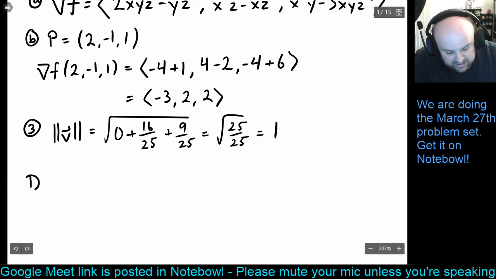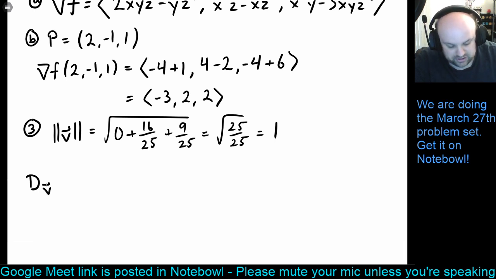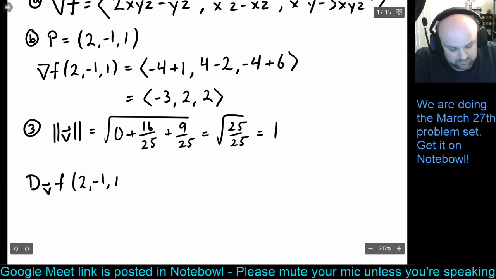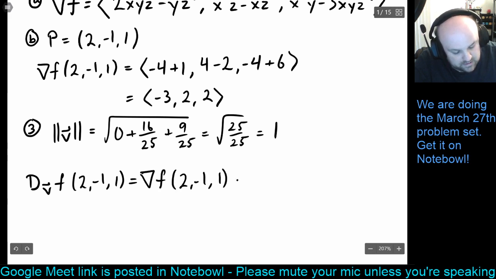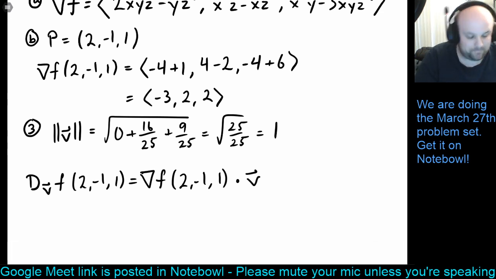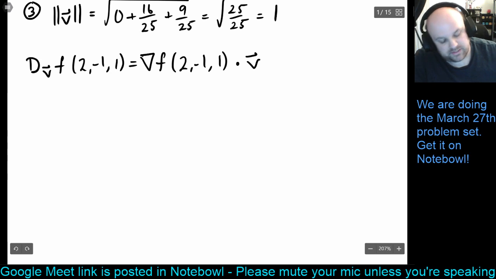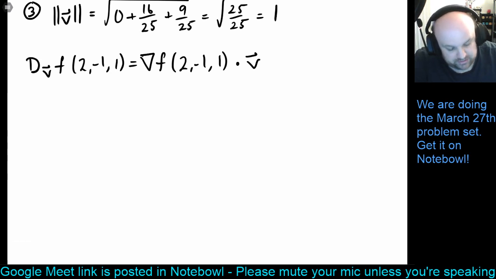That means the directional derivative in the direction of v of f at the point (2, -1, 1) is just the gradient of f at that point, dot product with v. So let's compute this.